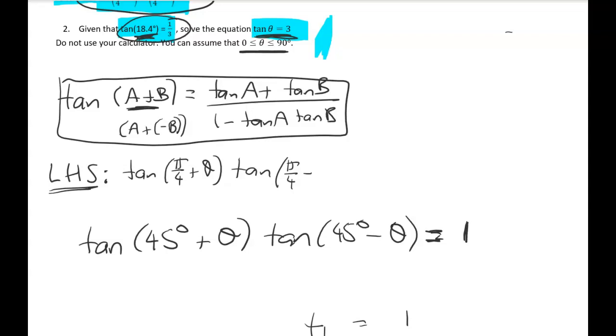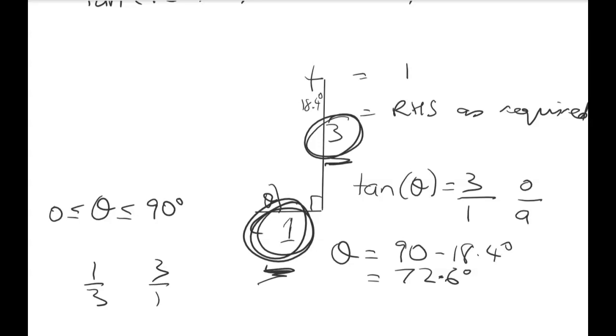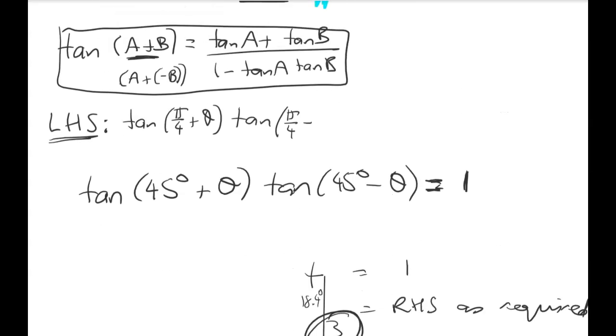And you can see why in the first quadrant from this picture down here, right? One trig ratio is going to be 1/3, and the other one is going to be 3 over 1.